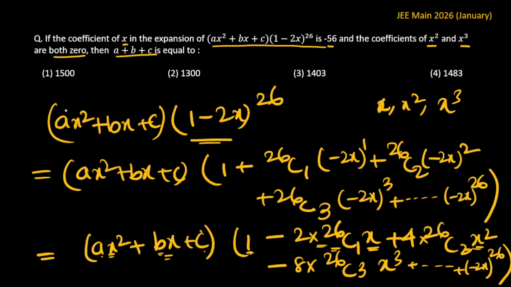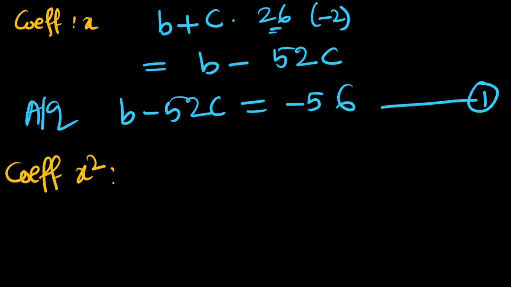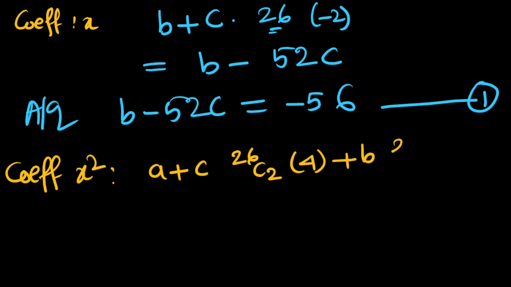Also we multiply the x term and this x term, so b is multiplied by this term. Therefore the coefficient of x square is equal to a plus c times 26c2 into 4 plus b times 26c1 into minus 2.